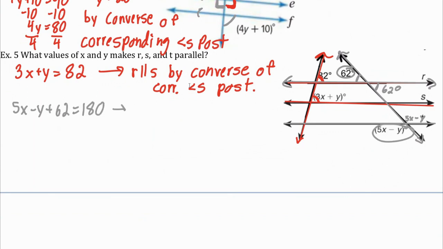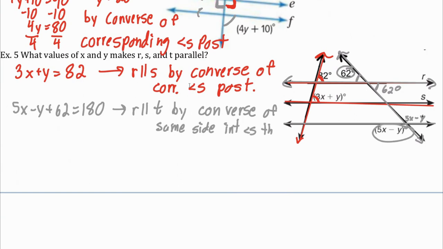That has to be true in order for R to be parallel to T by the converse of the same side interior angles theorem. Again, we also had to do some vertical angles there to make that work, but that's how we get there.